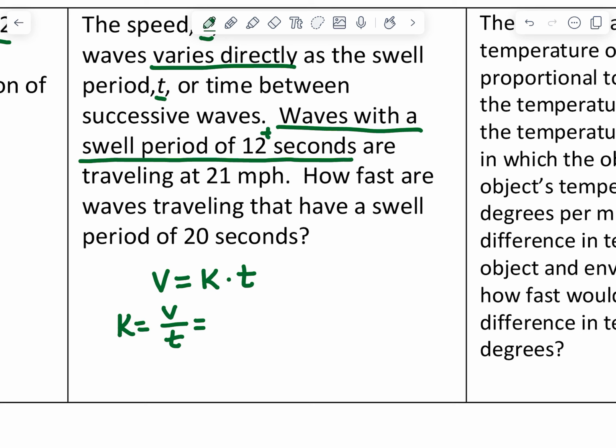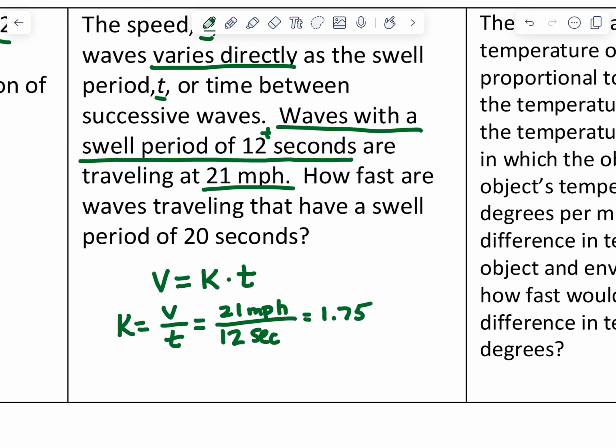That's our v. So we have 21 mph divided by 12 seconds. We do 21 divided by 12, and we get 1.75. That's our constant of variation.